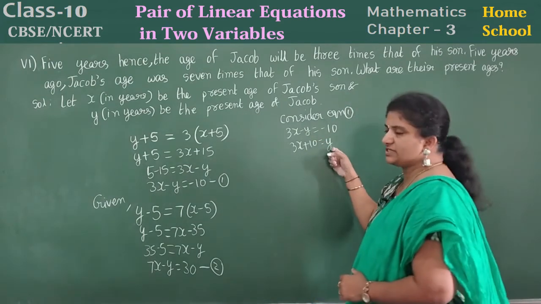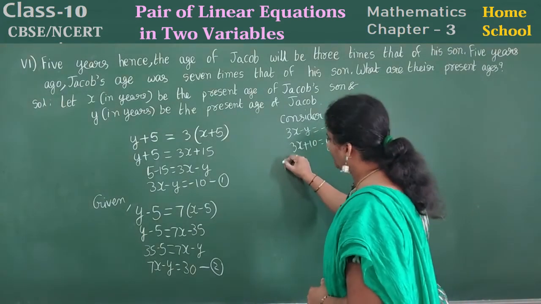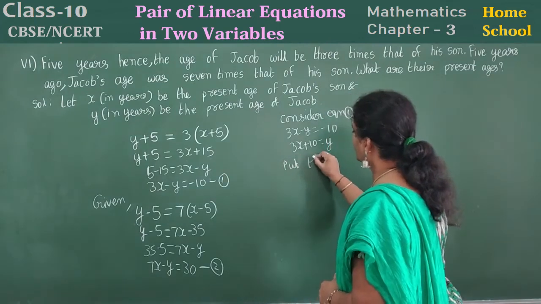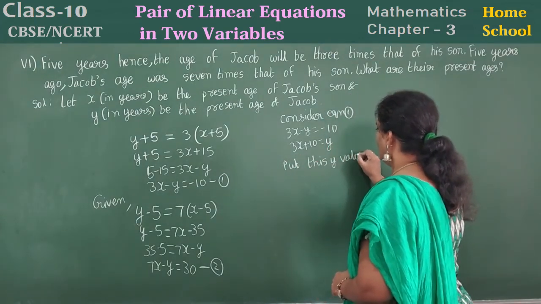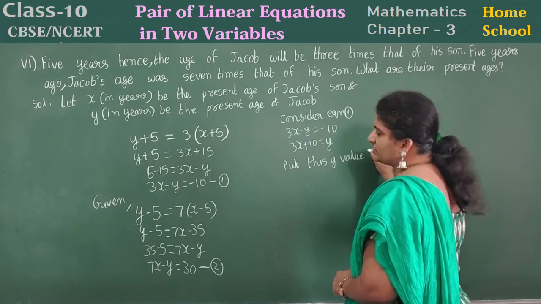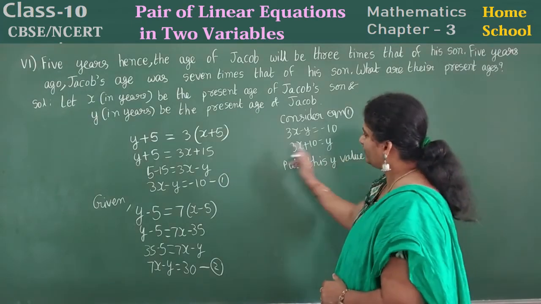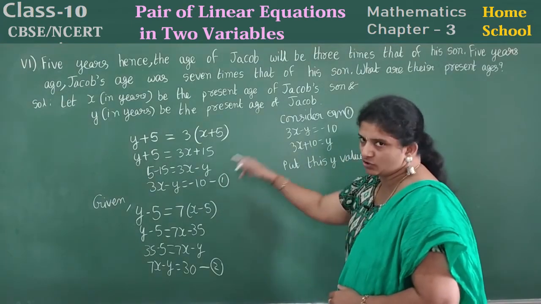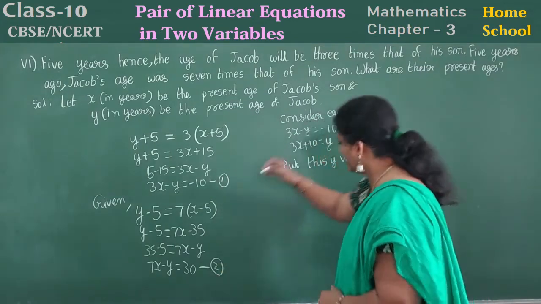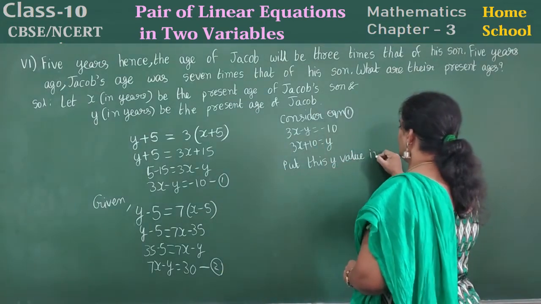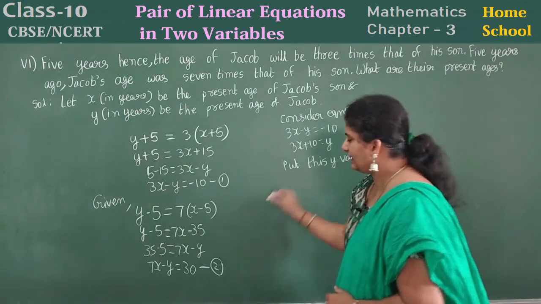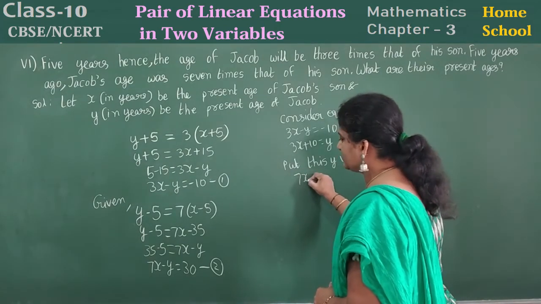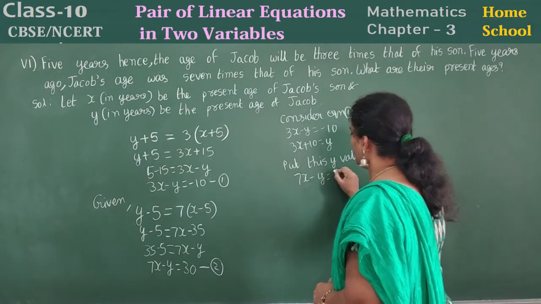So now substitute this y value, or you can write, put this y value in which equation you will equate, children. We are taking this one and we have converted, no? So don't substitute in 1. So better substitute in 2. Put this y value in equation 2. That is 7x minus y is equal to 30.